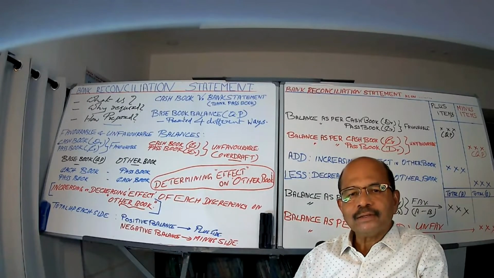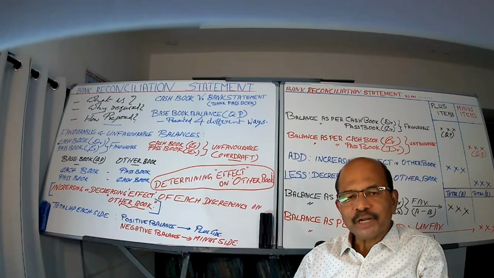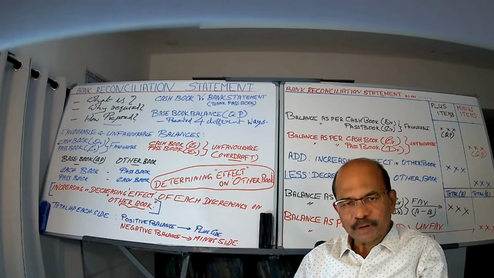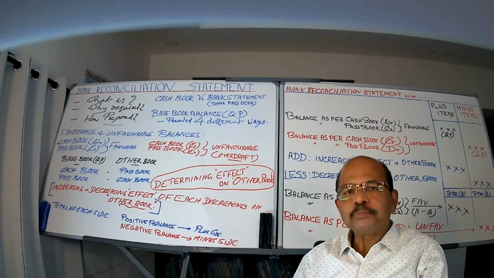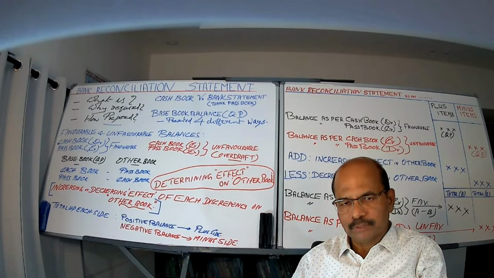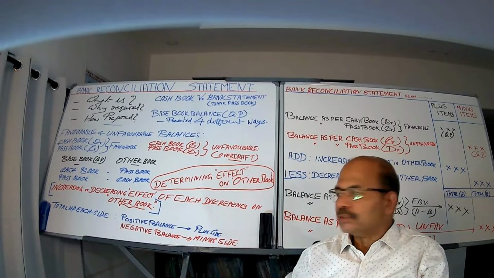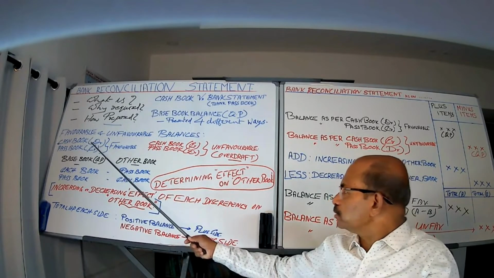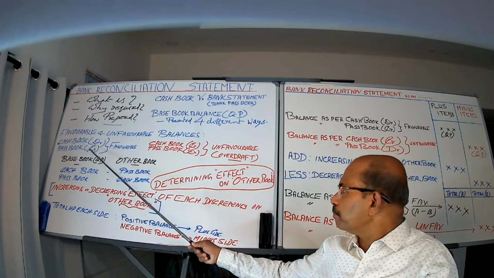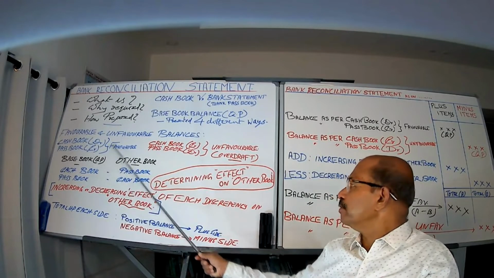We know that when we receive a check, we debit it, and the balance gets mounted up, so obviously it is favorable. And the cash book has an opposite relationship with the passbook. If I debit, the banker will credit me. So cash book debit and passbook credit will be favorable.